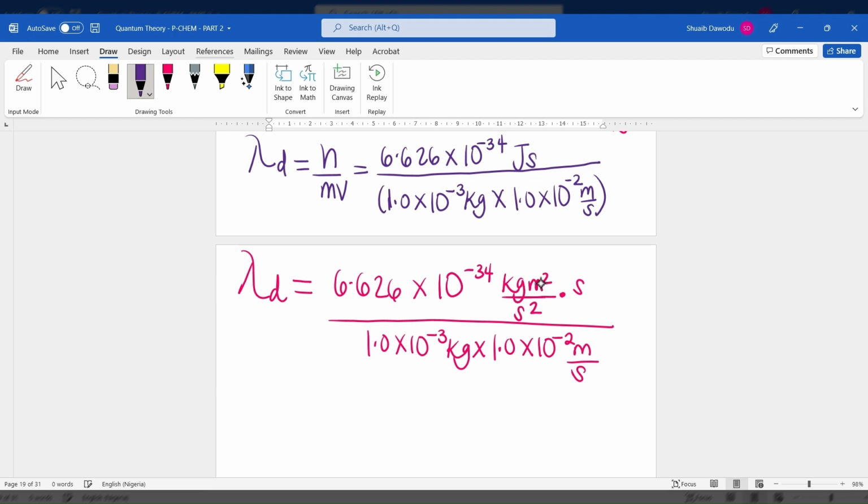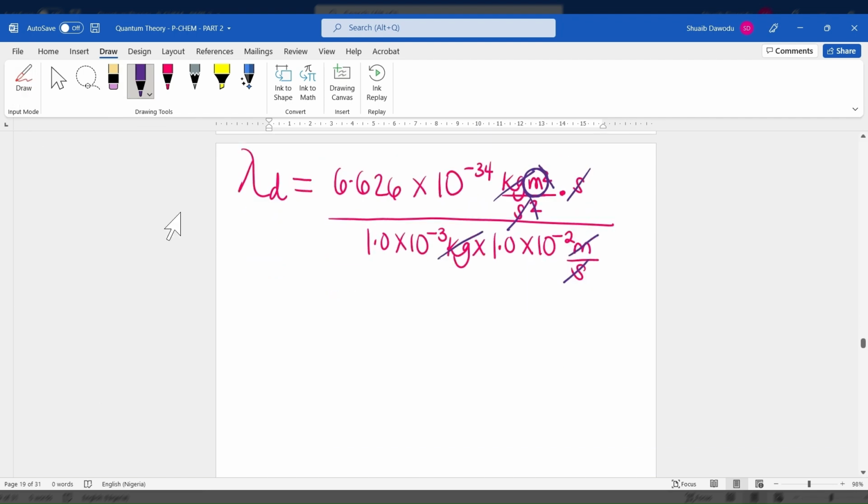So you cancel out the seconds, cancel out the meters, cancel out the kilograms. What we end up with is just meters, which makes sense because we want our final answer for the unit of wavelength to be in meters.